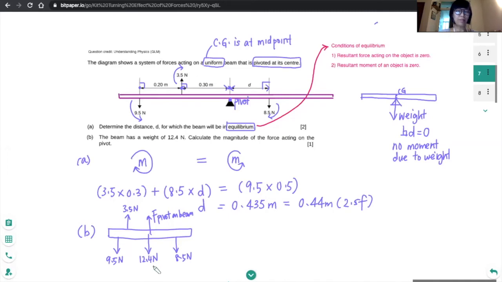Now, since the resultant force acting on the beam is 0, that means all the upward forces must be balanced by the downward forces.